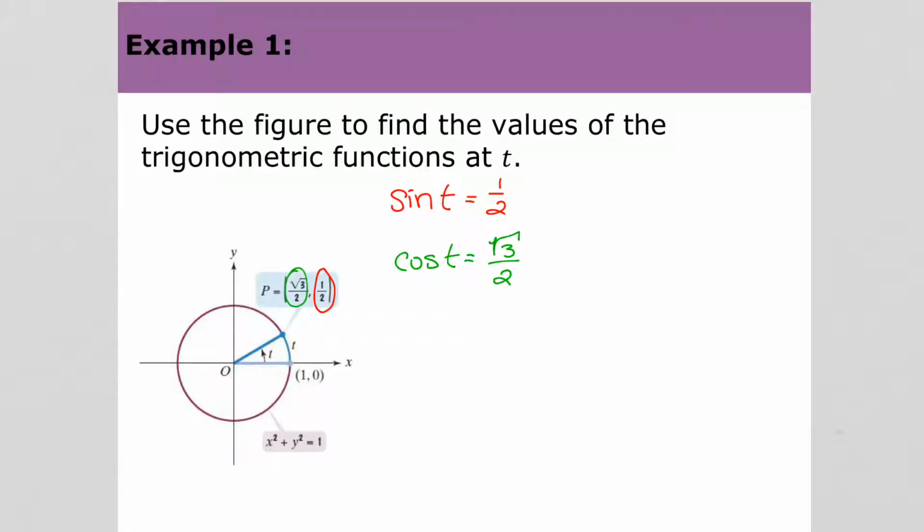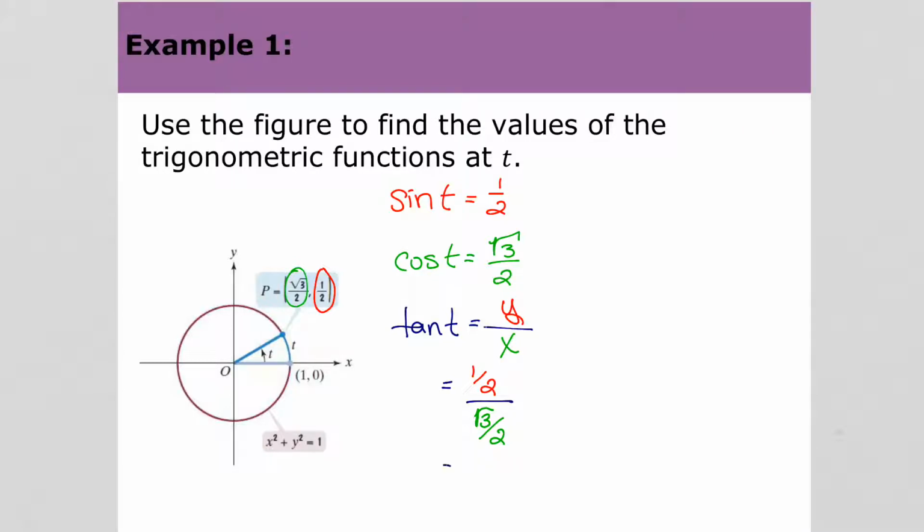Now it starts to get a little bit more intense. Tangent is y over x. So tangent is the y value 1/2 over the x value, that is square root of 3 over 2.